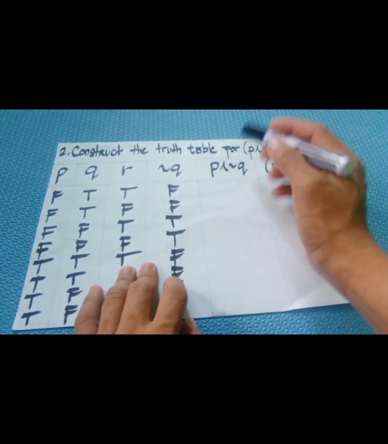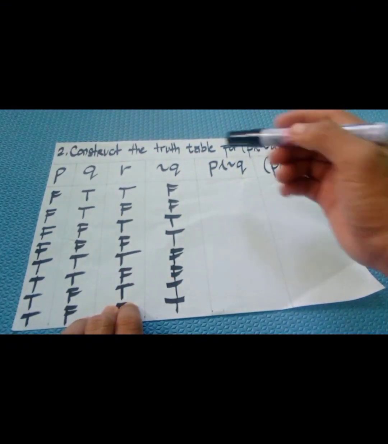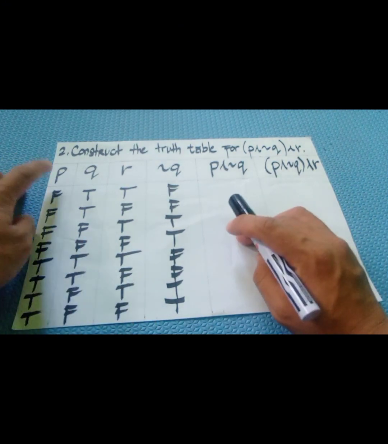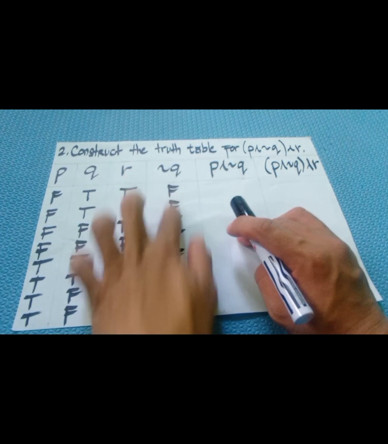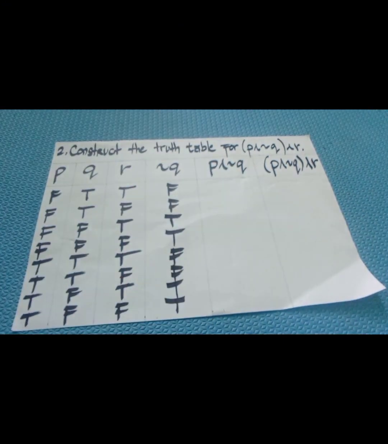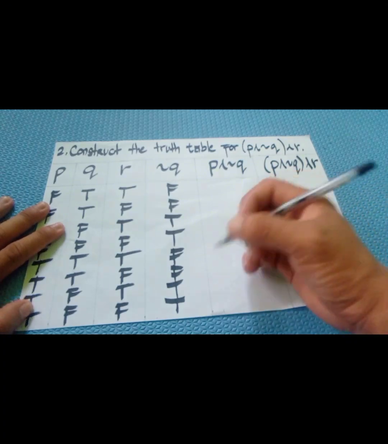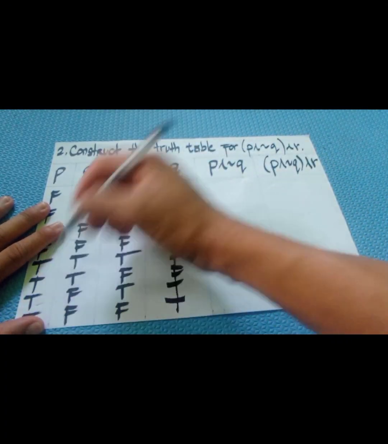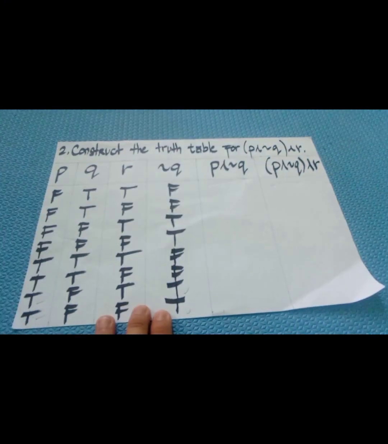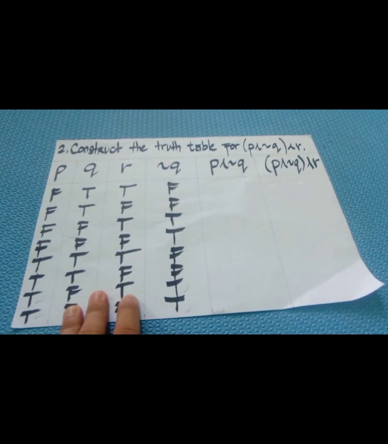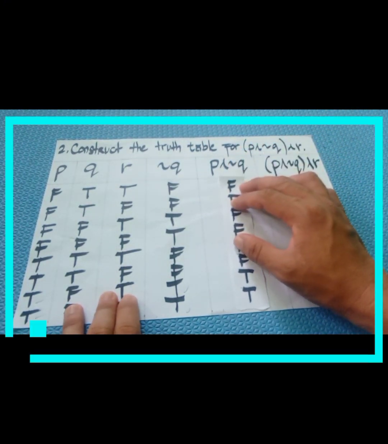After that, we need to solve P conjunction not Q. To solve this, we need to look at the P statement and the not Q statement, where we need two trues in both statements. If not satisfied, the other answers will be false.